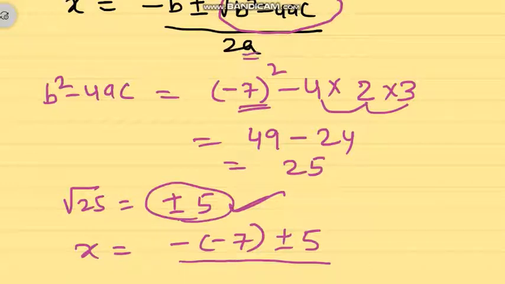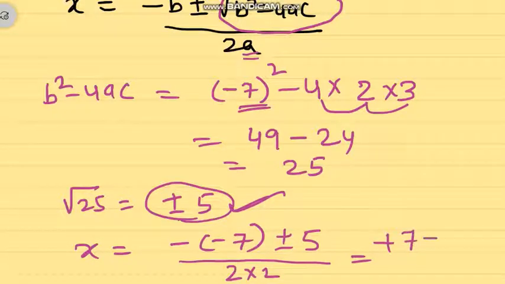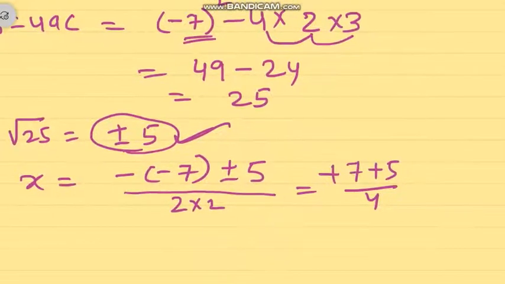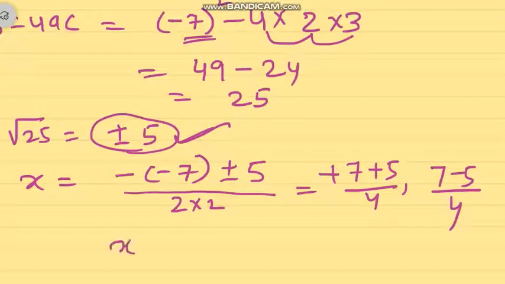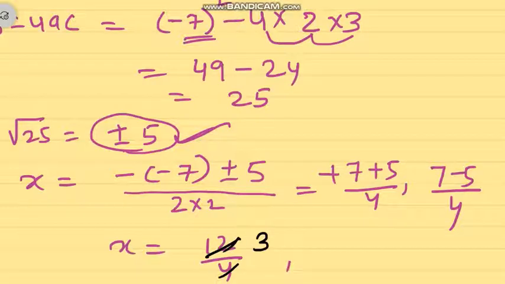So 2a means 2 into 2. So you will get minus of minus 7, which is plus 7, plus 5 by 4 as one root, and 7 minus 5 by 4 as another root. So your x will be equal to 12 by 4, that will give you 3, and 7 minus 5, 2 by 4, that will give you 1 by 2.